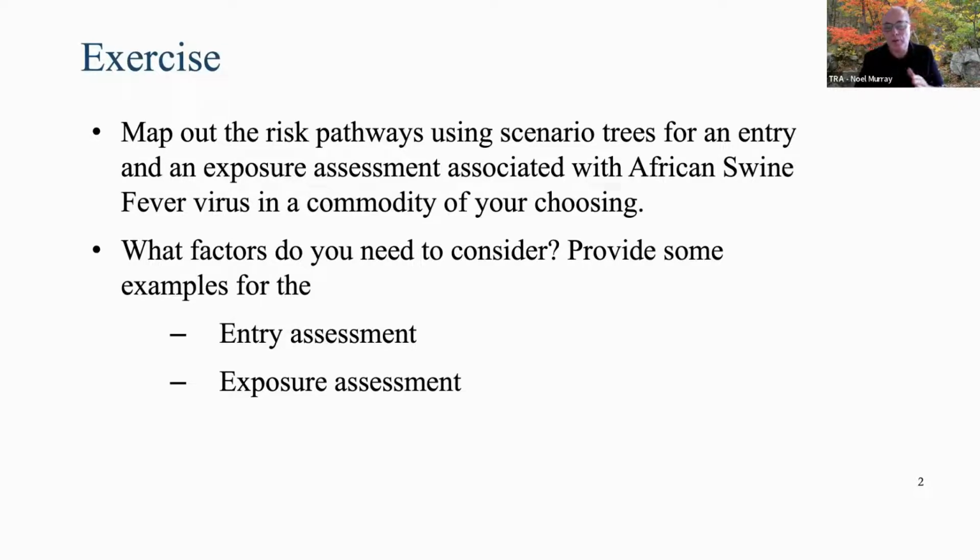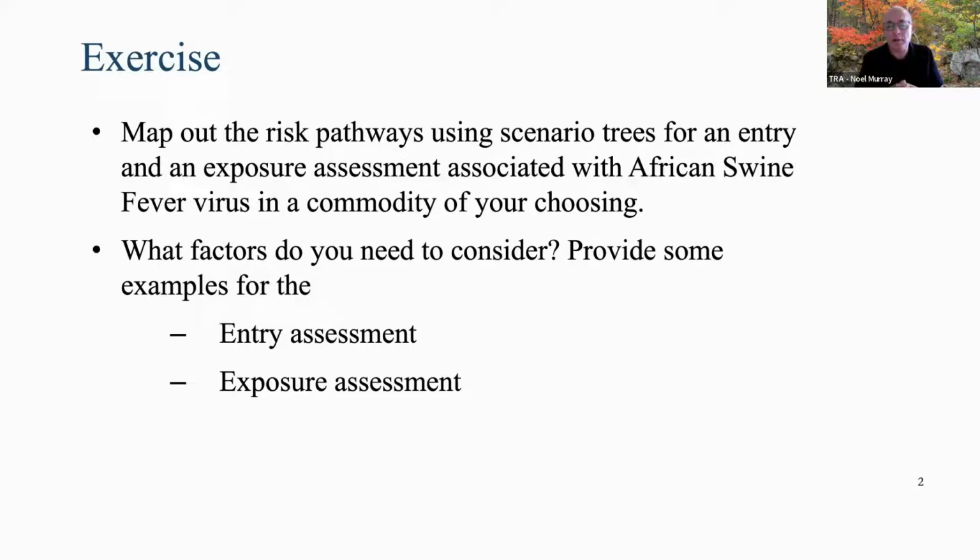So whether you're thinking about live animals, semen, meat products, something like that, but just think about a particular commodity and map out the risk pathways that would lead to the entry of African swine fever virus in that commodity at the time of importation or introduction into a particular compartment it might be.